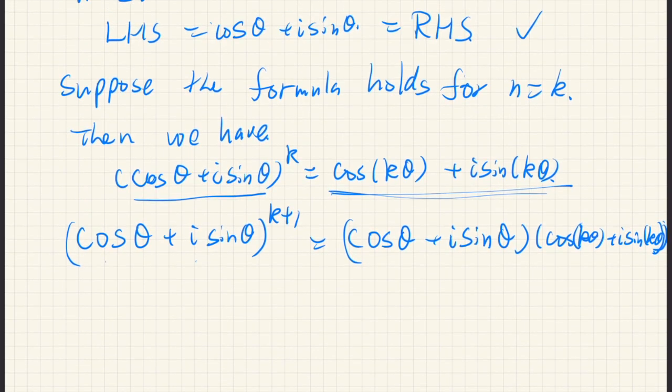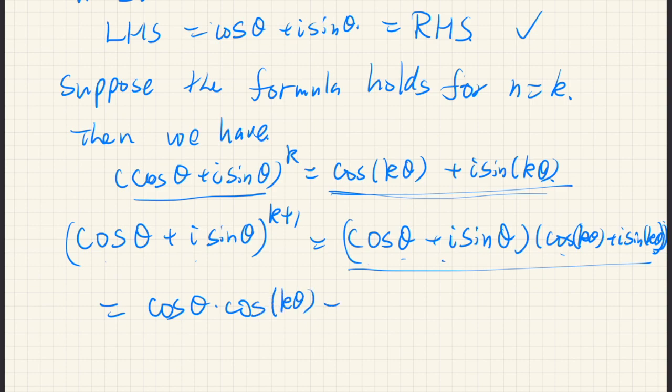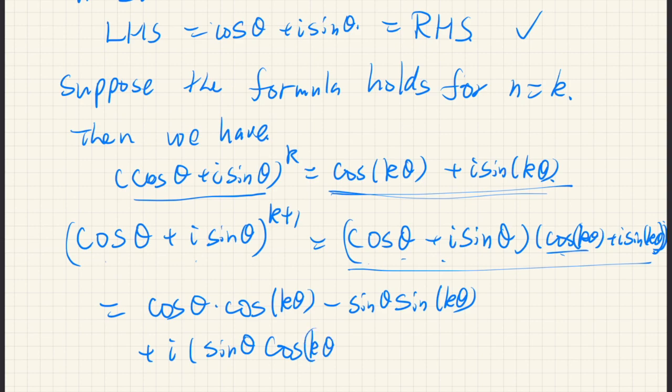Okay, and let's expand this one. The real part is cosine theta cosine k theta minus sine theta sine k theta, plus i times sine theta cosine k theta plus cosine theta sine k theta.